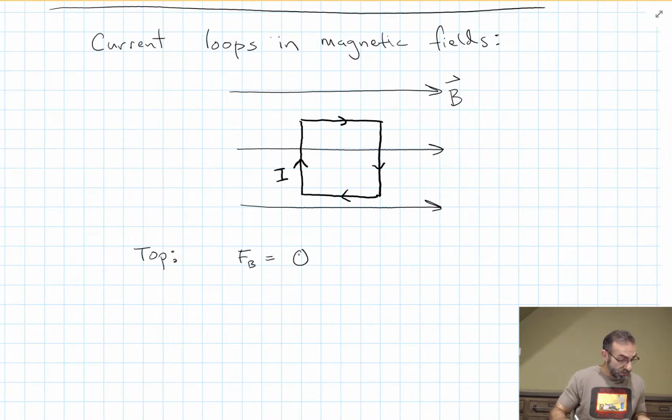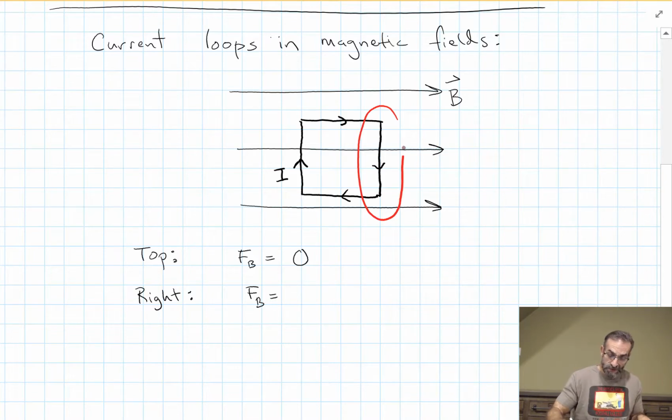Let's take a look at the right side. Now we're looking at this section right here. We want to know what's the direction of the force on that section right there. Let's give the box some dimensions.